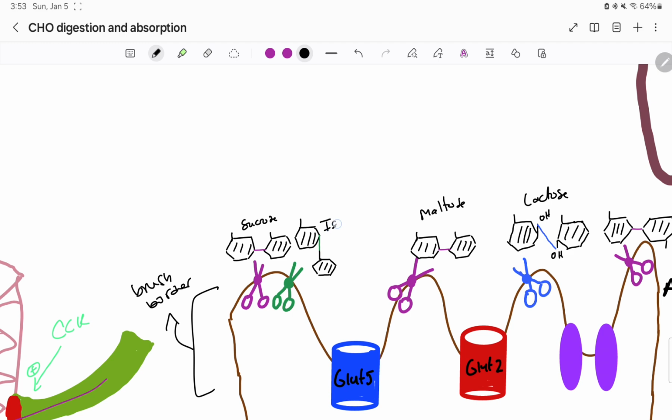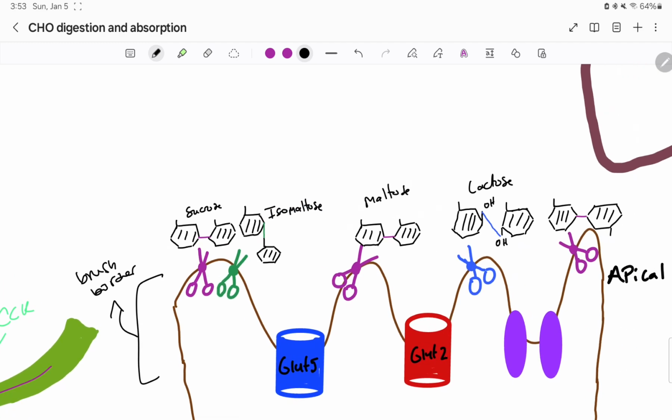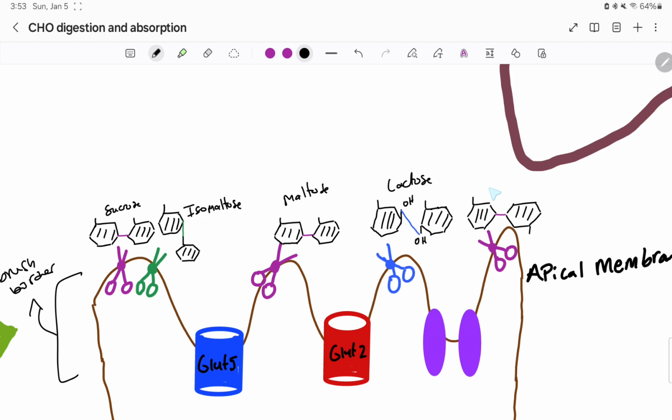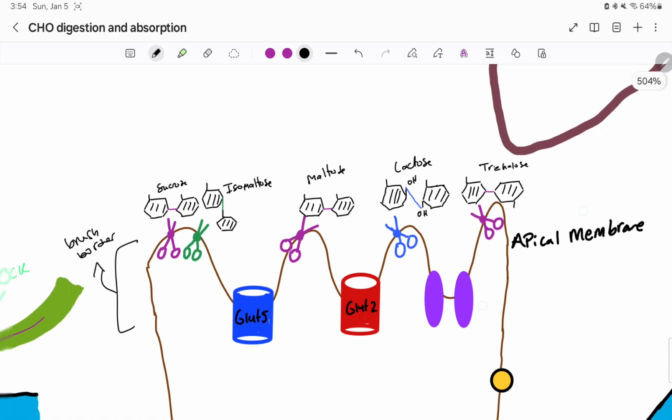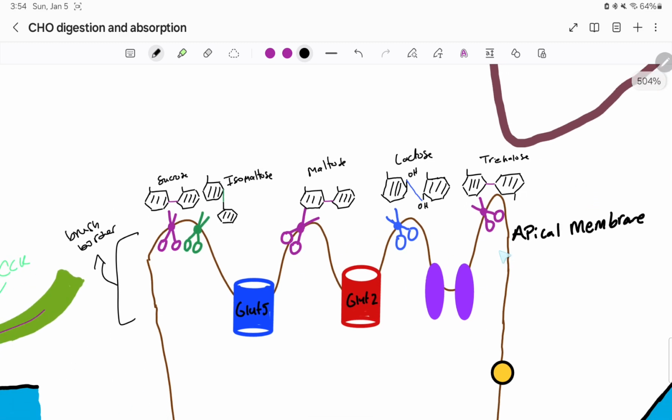This one is going to be something called isomaltose, okay? And we have one more here called trehalose, okay? Trehalose.